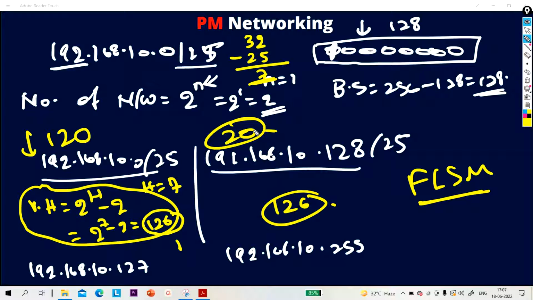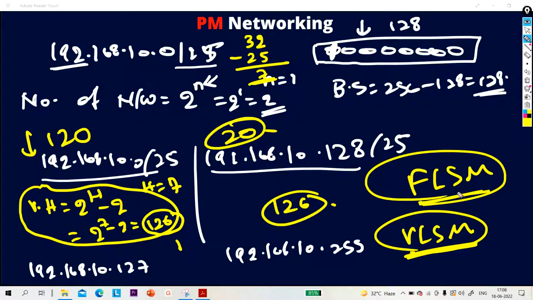In that scenario, when the length of your networks is different, we need VLSM, variable length subnet masking. If the length of all networks is the same, we don't need to perform VLSM. FLSM is fine for that scenario, right? But if the length of my networks is different, varying, in that scenario we need VLSM.